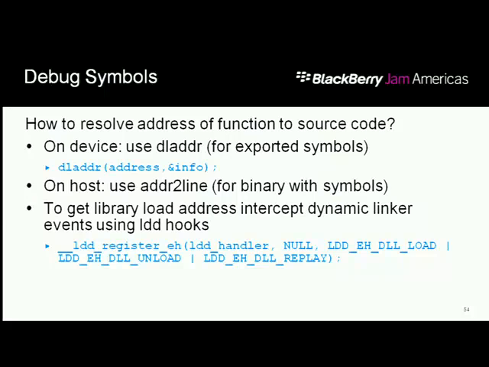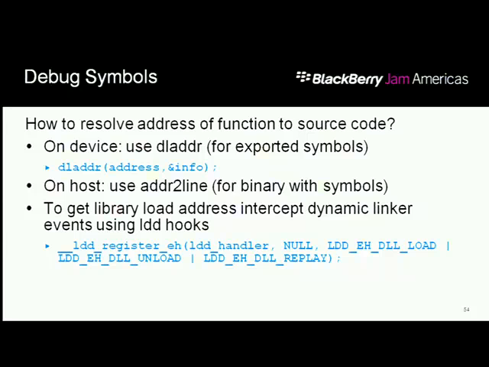The other method is to use a host tool, which we ship in the NDK, called addr2line. This tool takes an address in the address space of the application and the binary, and it would print you the file name and line number. The caveat with this tool is that it takes an address relative to the beginning of the binary. And when you're actually running on the device, all the binaries and libraries are loaded at certain address segments.